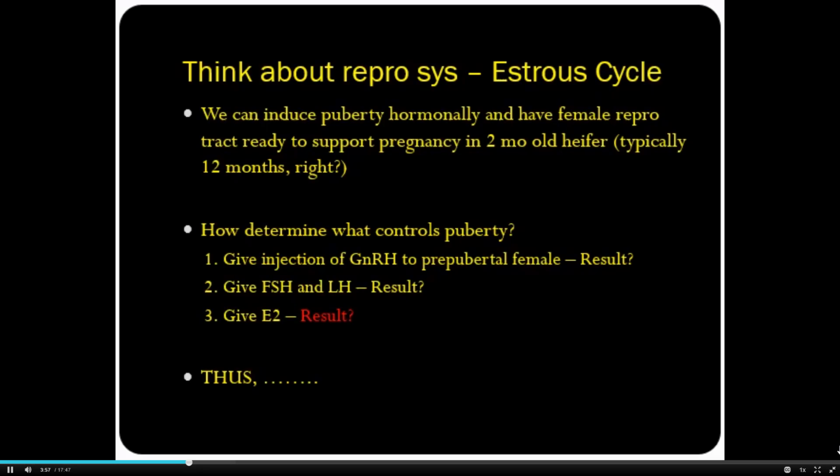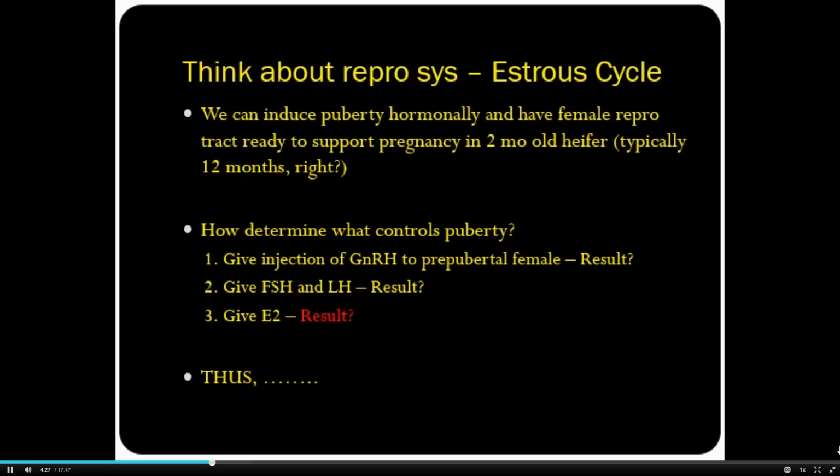Okay, so now that you understand where we're headed relative to a cycling female, let's start looking at how researchers figured out what are the factors that seem to be related to when puberty actually occurs. So in trying to figure out the factors that influence puberty, researchers realized that you could induce puberty hormonally in a 2-month-old and have her reproductive tract ready to support a pregnancy.